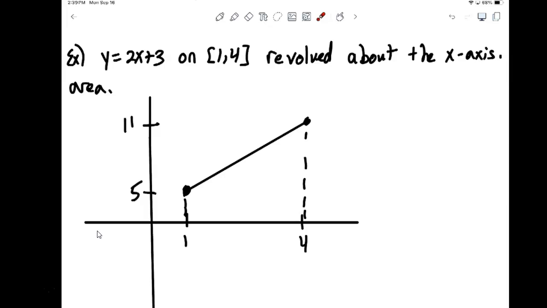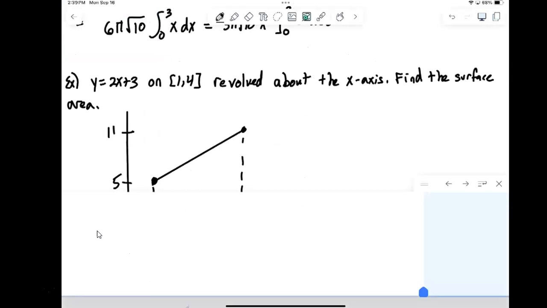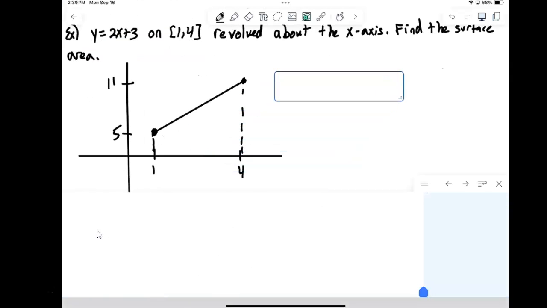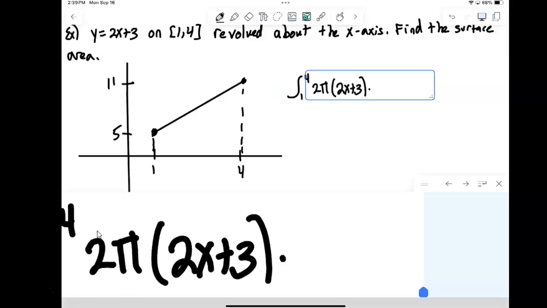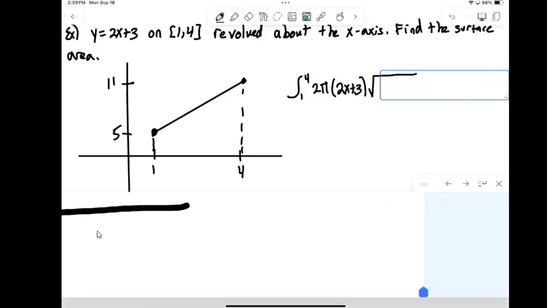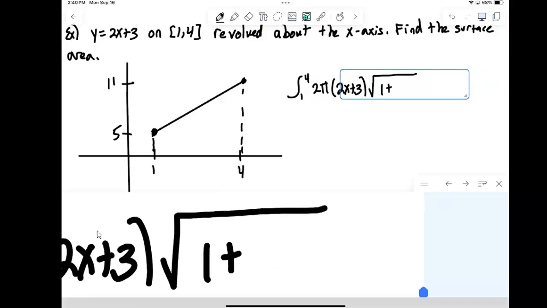We're just going to use the straight calculus here. So our function is y equals 2x plus 3. So we would go in, integral between my limits, 1 to 4, of 2 pi f of x times the square root of 1 plus f prime squared. In this case, f prime is just 2.